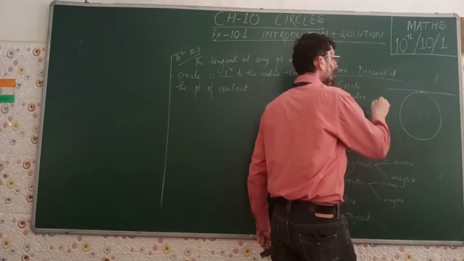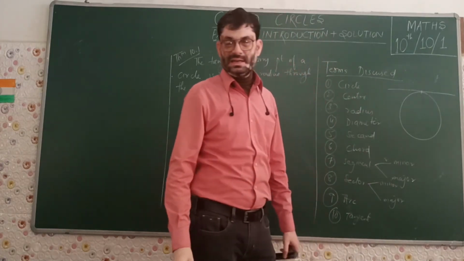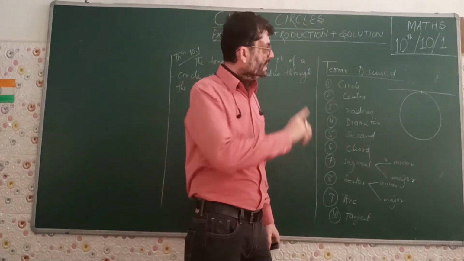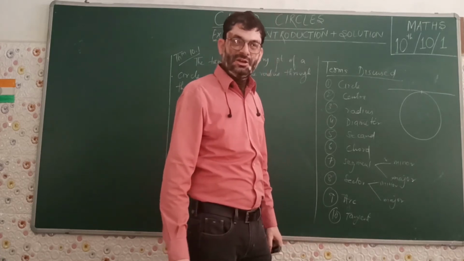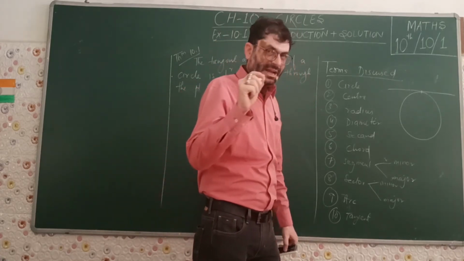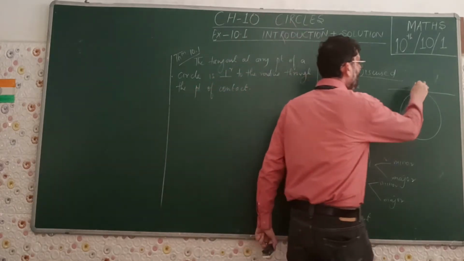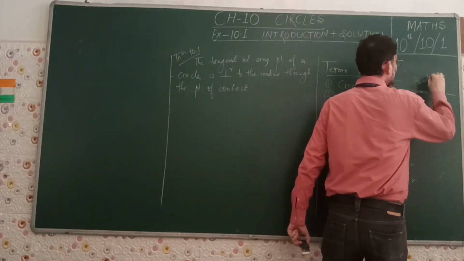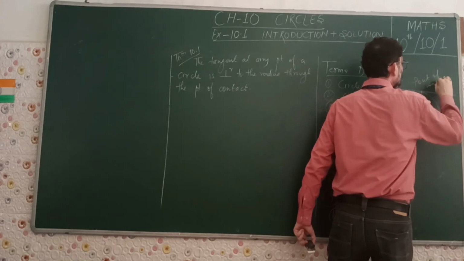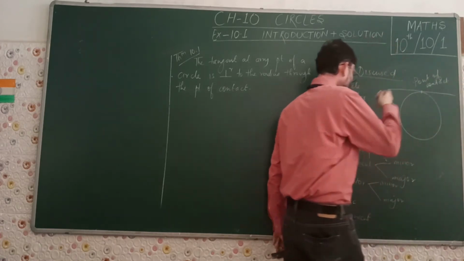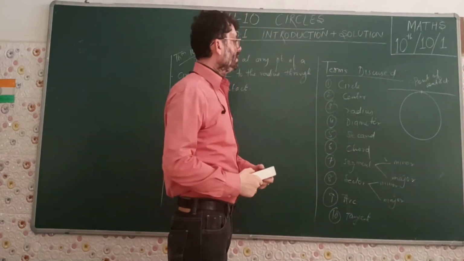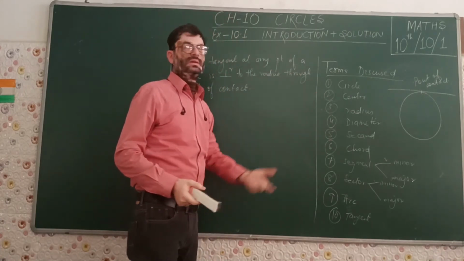If this line intersects the circle at only 1 point, then such a line is called the tangent of the circle, and the point at which the tangent touches the circle is called the point of contact. So far we have discussed the terms related to the chapter circles.